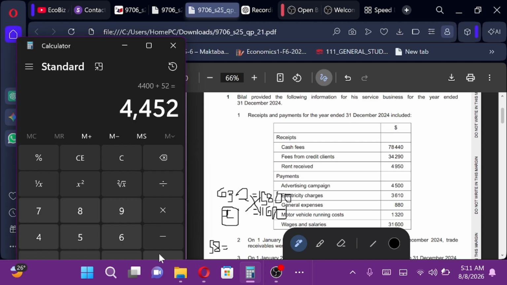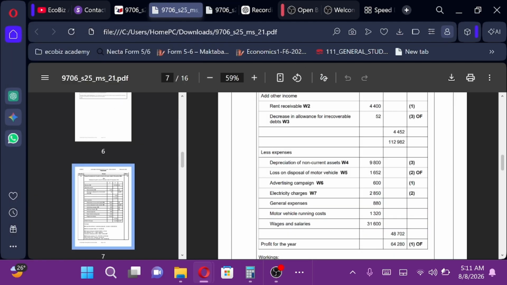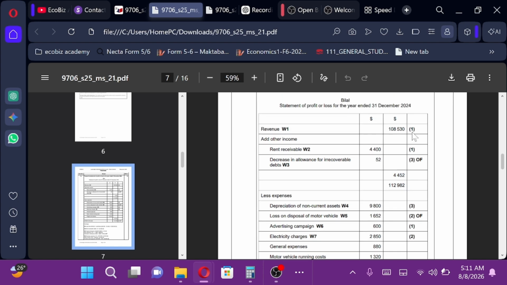Now this is the total amount of income. So we see here 4,400 plus the irrecoverable debt decrease. Those two are both incomes.